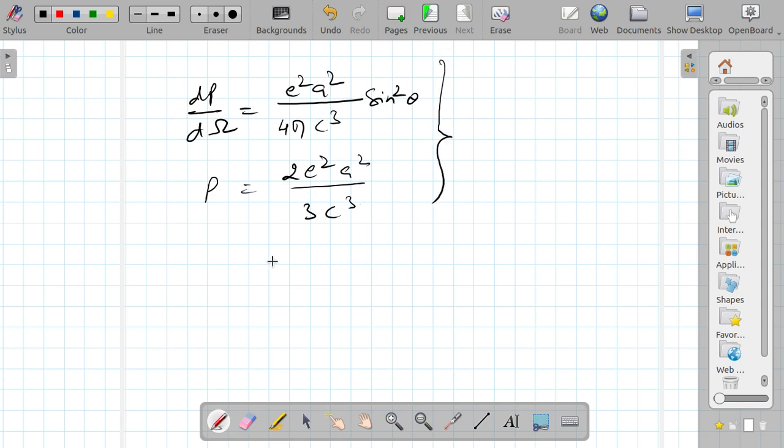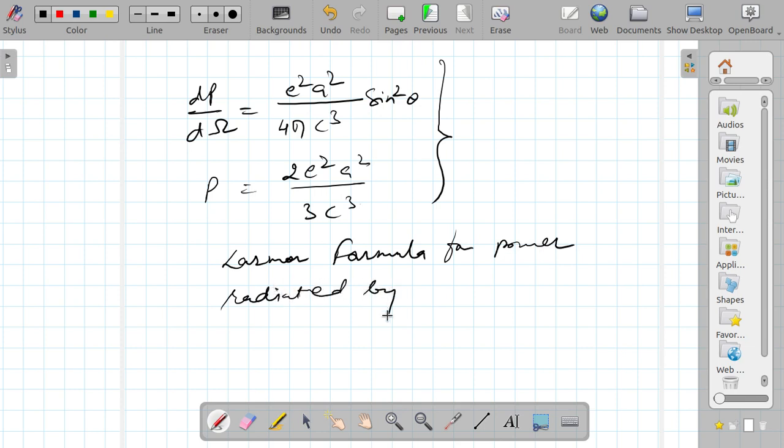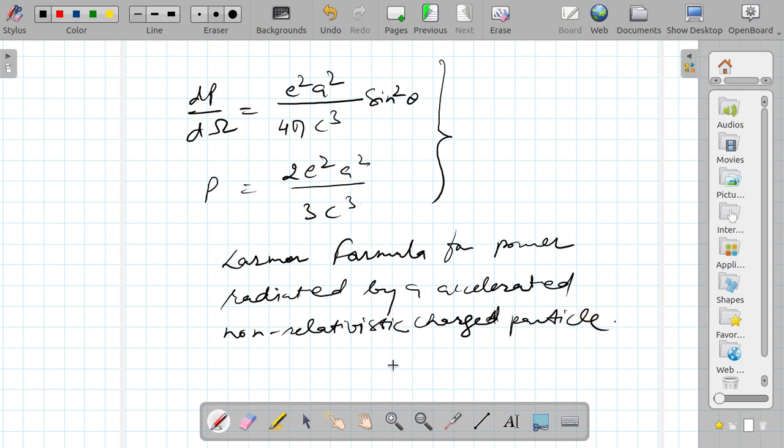So these two equations are known as the Larmor formula for power radiated by an accelerated non-relativistic charged particle, right?